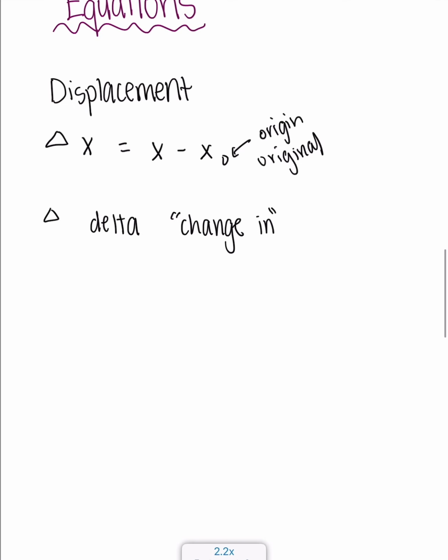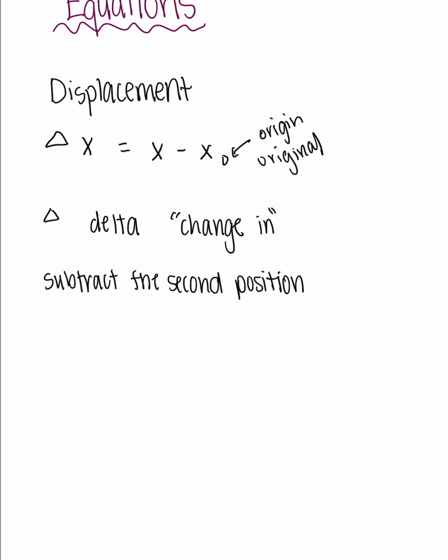To find displacement, we would subtract the second snapshot, or second position, by the first.